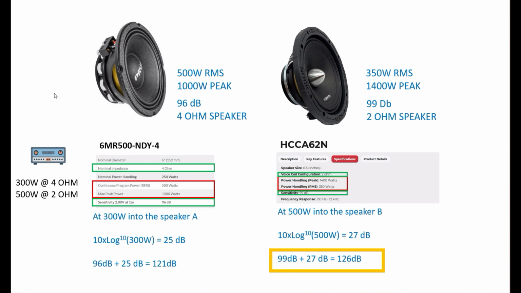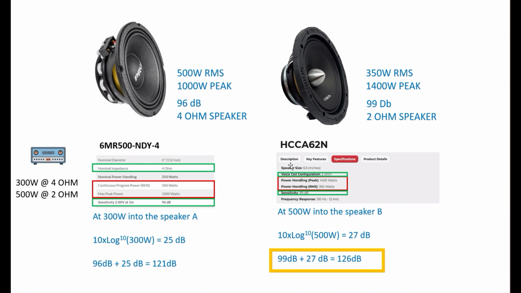So for this amplifier speaker combination, speaker A would only be getting 300 watts into the speaker because it's a 4 ohm speaker, right? And at its maximum level, the maximum sound decibels it will make is 121. Right, 300 watts, blah blah blah, 25 plus 96 is 121 dB, because the amplifier can only deliver 300 watts.